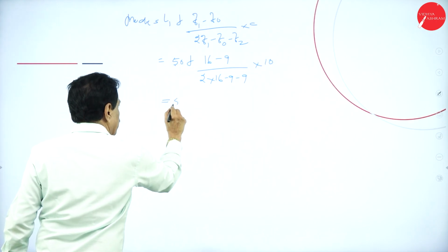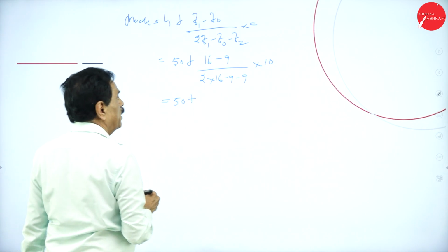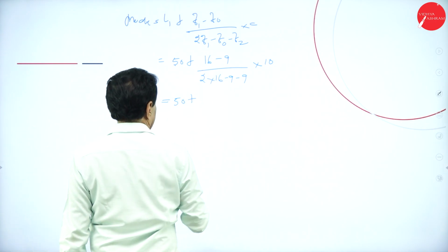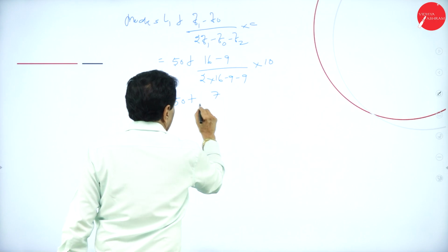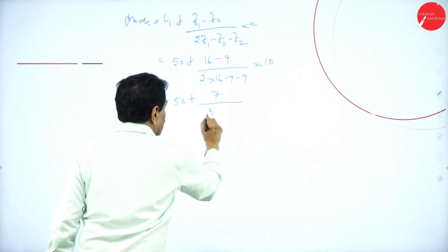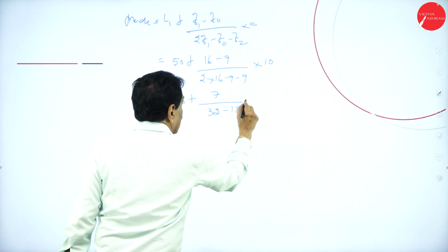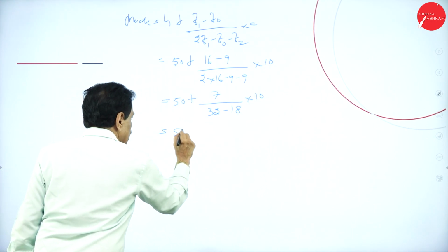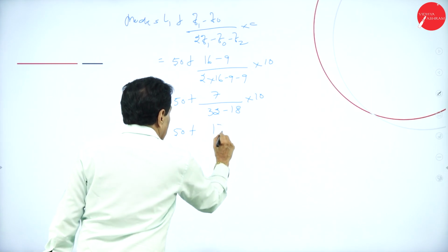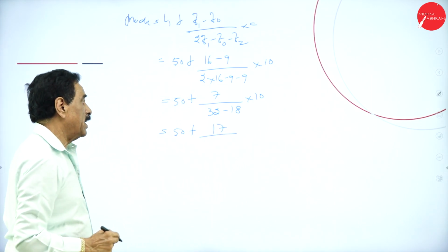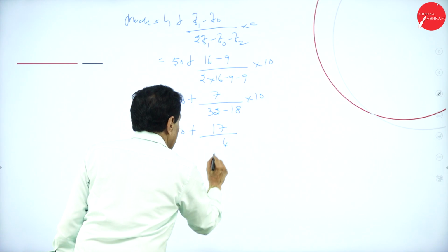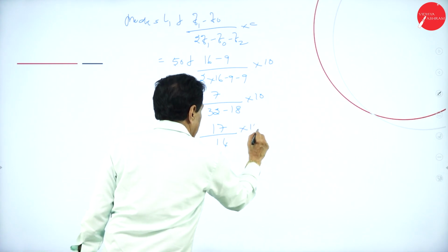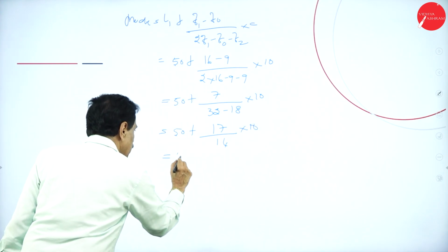So this is 50 plus 7 over 32 minus 18 into 10. This is 50 plus 7 over 14 into 10. Simplify these.